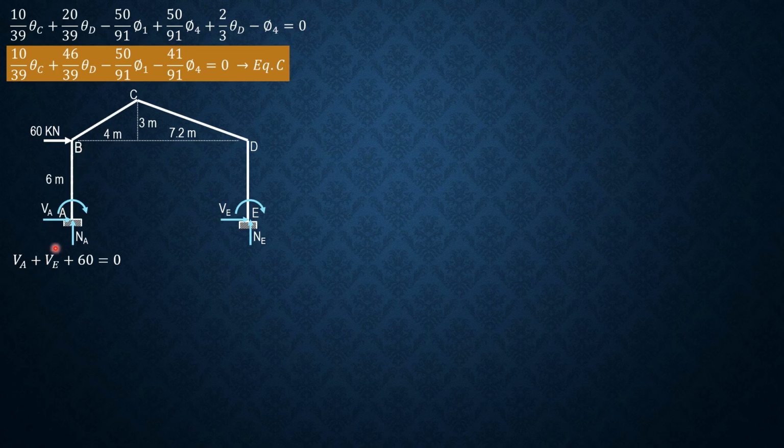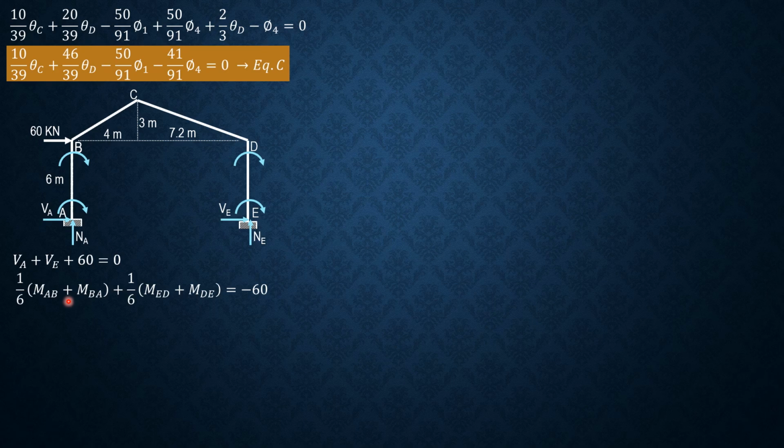If you draw the free body diagram of column AB, remember by experience, VA is 1/6 of MAB plus MBA. So 1/6 of quantity MAB plus MBA plus 1/6 of quantity MED plus MDE equals negative 60.